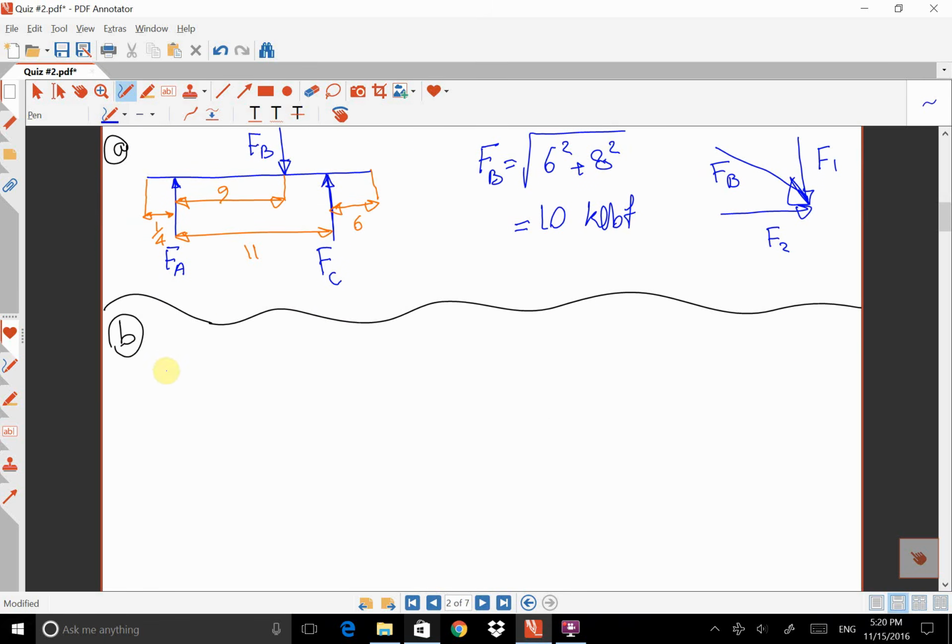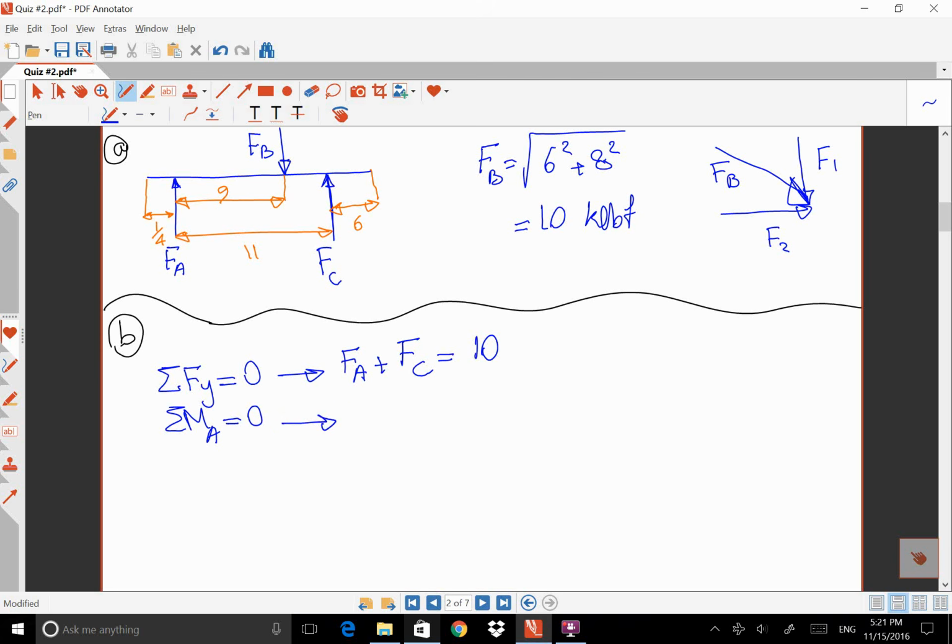First I'm going to start by finding the amount of forces. In order to find the reaction forces, I need to write the equilibrium equation in the y direction and the moment equation around any arbitrary point, which I'm going to choose as point A for this question. So I have two upward forces, Fa and Fc, which I don't know, equal to the downward force, which is Fb, and the amount is 10.